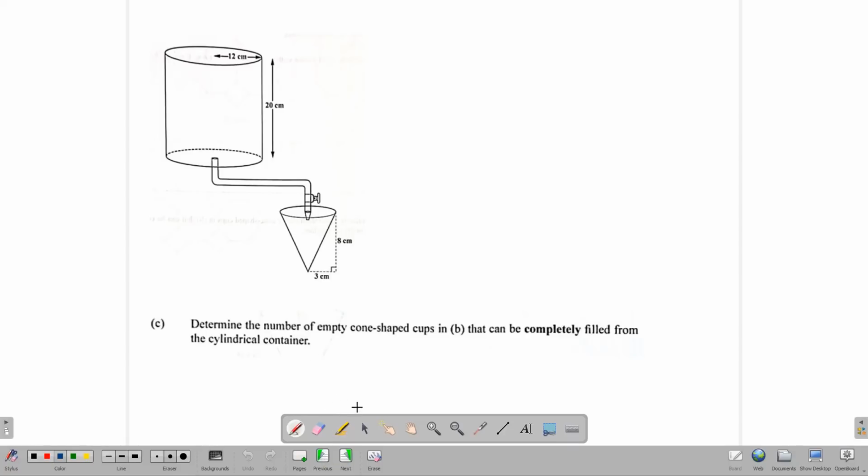Remember that when we worked out the volume of the container, it was 9,043.2 ml or cm cube, and the volume of each cup is 75.36 ml or cm cube.